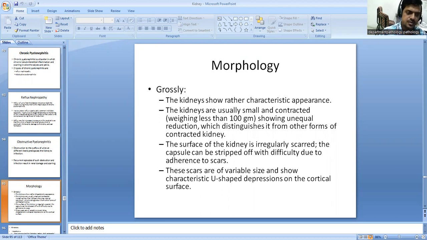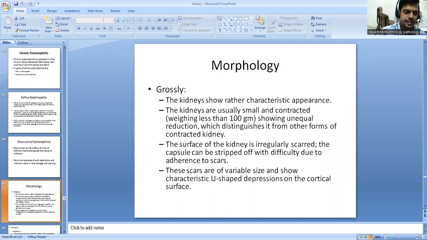The surface of the kidney is irregularly scarred. The capsule can be stripped off, but with difficulty due to adherence to scars. These scars are of variable size and show characteristic U-shaped depressions on the cortical surface.